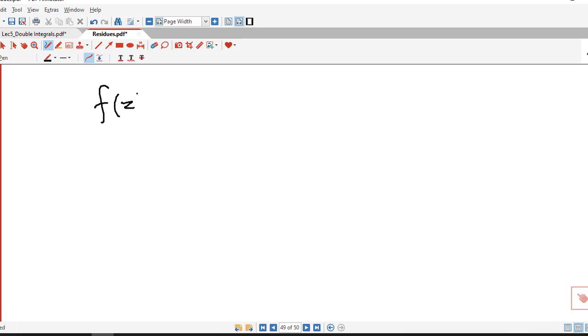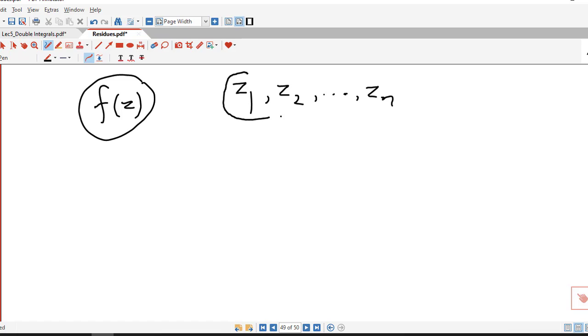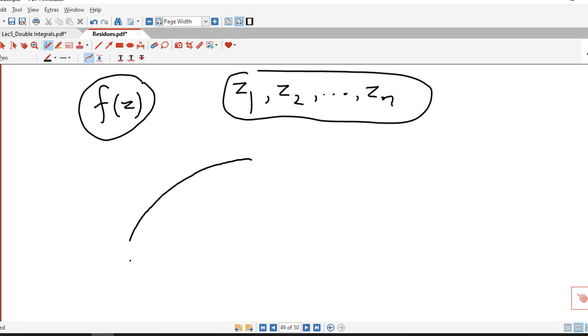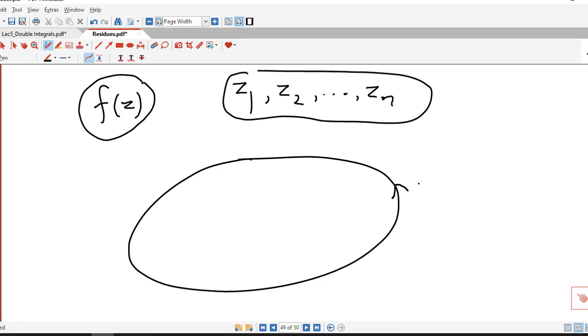Let f of z be a complex function which is analytic at all points except a finite number of points, say z1, z2 up to zn, and these points are inside some simple closed contour C. That means z1, z2 up to zn are inside some simple closed contour C. So again I repeat, the function f of z is analytic at all points except a finite number of points z1, z2, zn, which are inside the simple closed contour C.